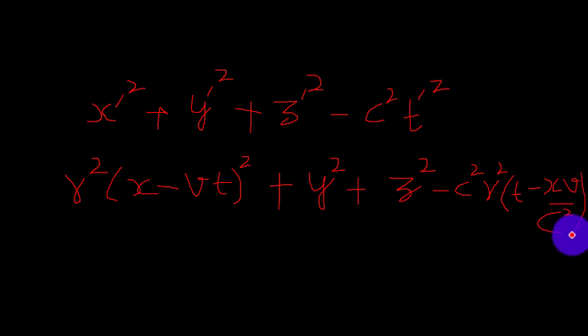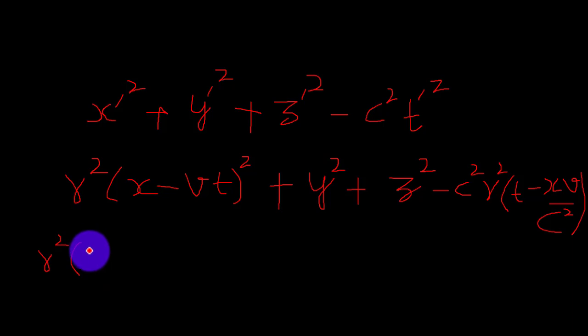So just opening up the square term, gamma square, I'm considering only the first and the last term, as y square and z square are going to remain the same.